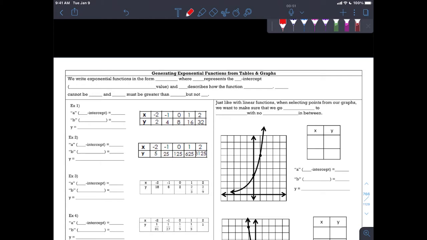We write exponential equations in the form y equals ab to the power of x, where a is my y-intercept, also known as my initial value or starting value, and b describes how the function changes.